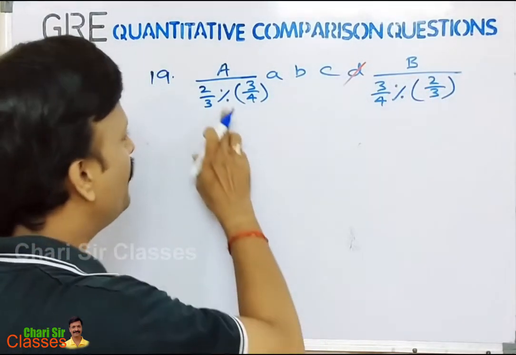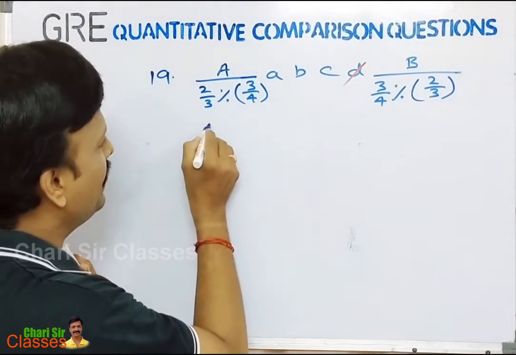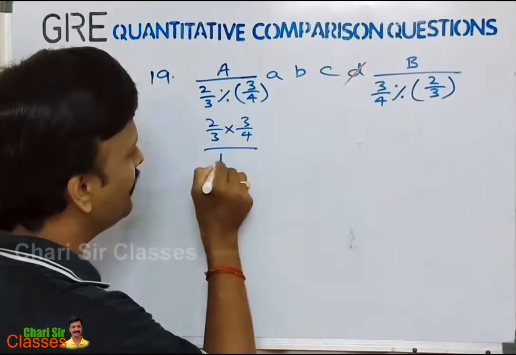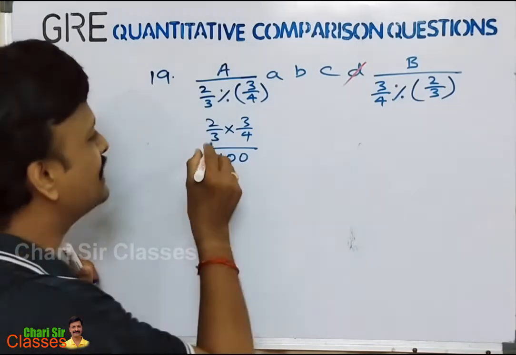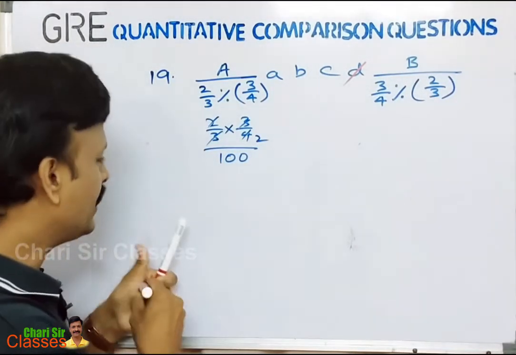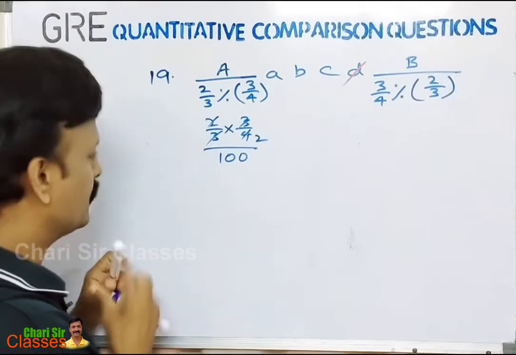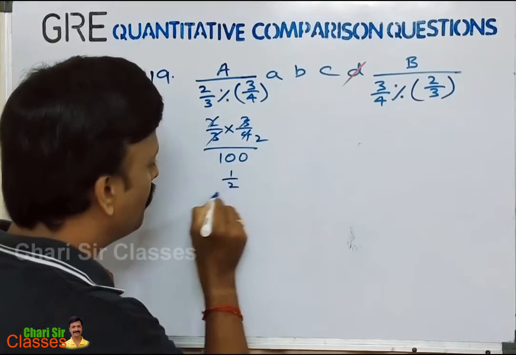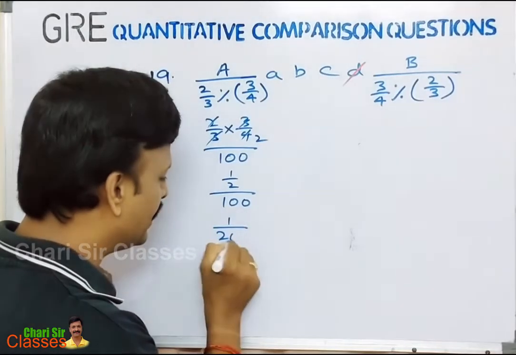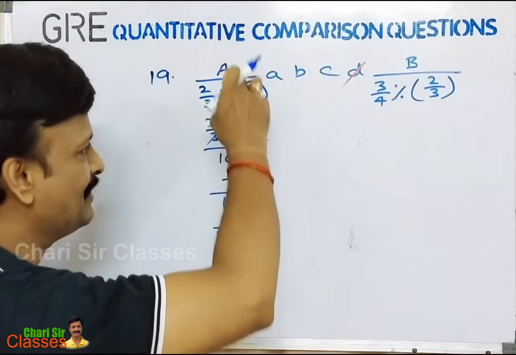So now when you remove this percentage sign, you get 2 by 3 into 3 by 4 by 100. Now let's simplify this one. 3 and 3 gets cancelled, 2 ones and 2 twos. So what it becomes? 1 by 2 by 100, which can be written as 1 by 2 will come down, that is 1 by 200. It is simplified.